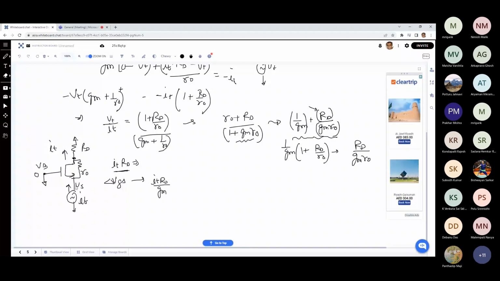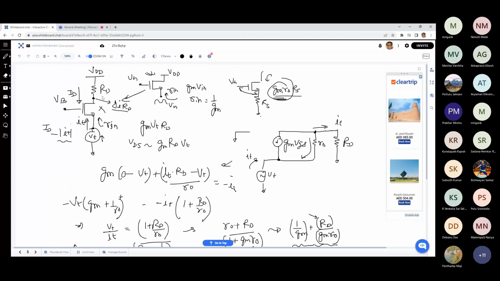And then suppose we look at the IT. So here, if I'm looking at delta VGS, in this case, if you see the applied VT is resulting in IT, and then we are having a VDS equal to GM RD times VT, and that is much higher than the applied VT, if I assume that GMRD is much greater than 1.